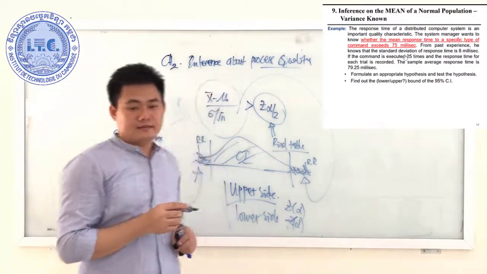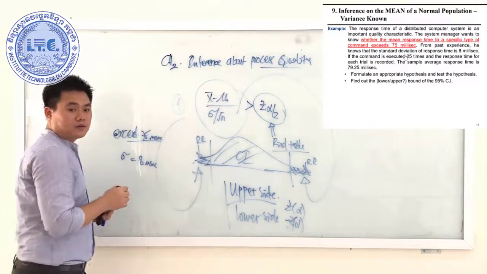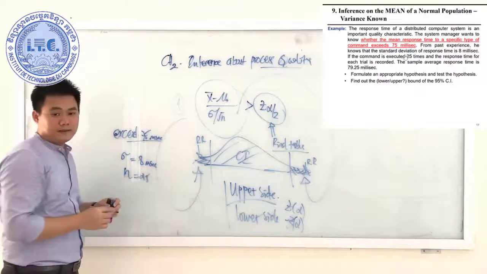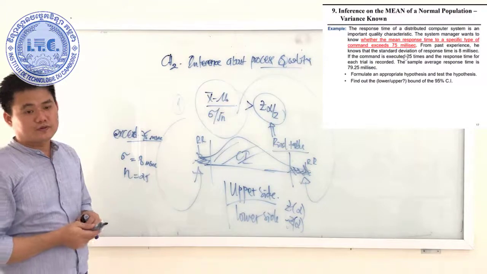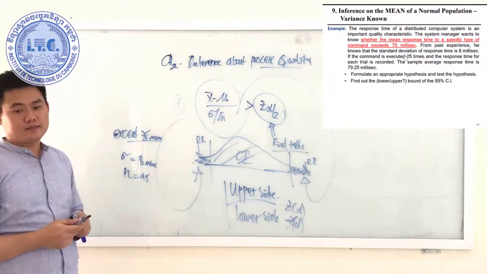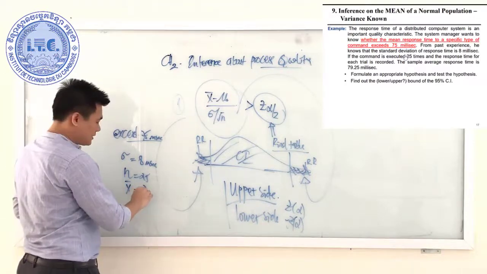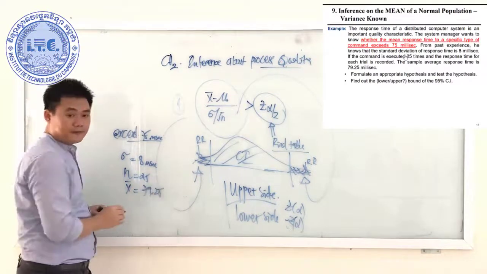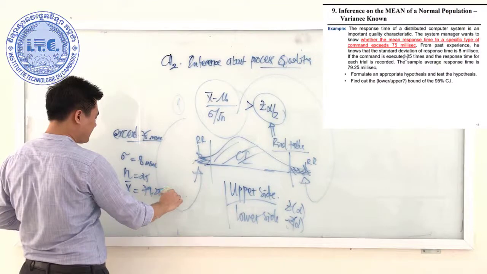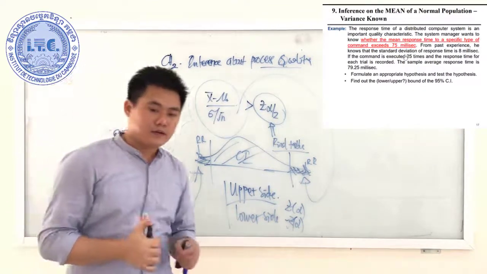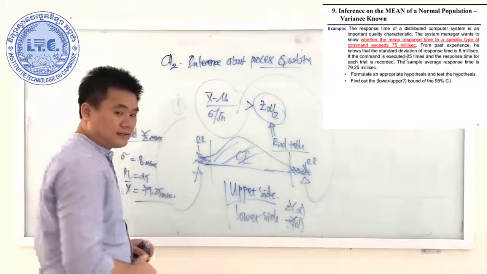If the command executes 25 times, for the 25 trials recorded, the sample average X bar is 79.25 milliseconds. You are going to compute using all the data that is written.